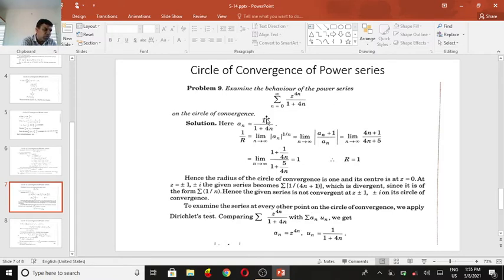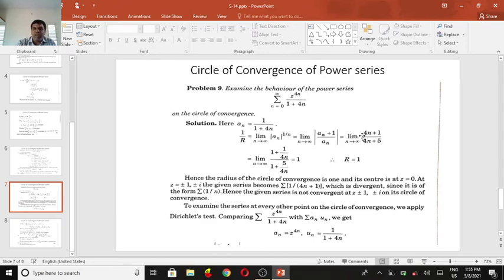So we get 1 plus 4n divided by 4n plus 5. Yes, this is 4n plus 1 divided by 4n plus 5.